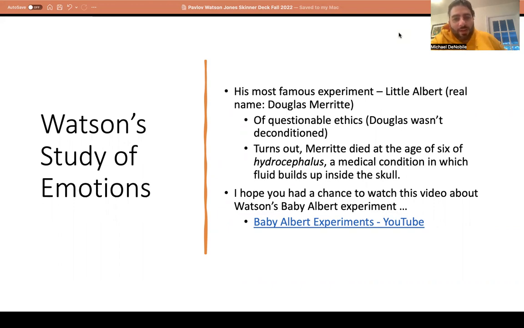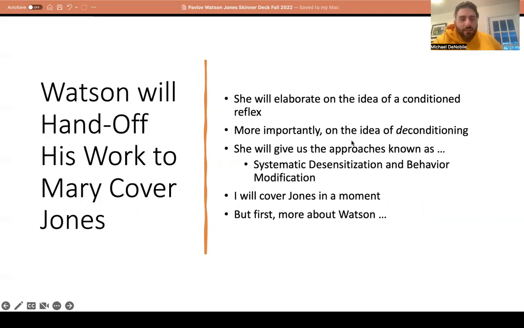And it turned out that Moretti died at the age of 6 of hydrocephalus, a medical condition in which fluid builds up inside the skull, which, as far as we know, had nothing to do with Watson's experiments, but it's kind of interesting. Watch the video on the Baby Albert experiments on YouTube, and the link is provided there.